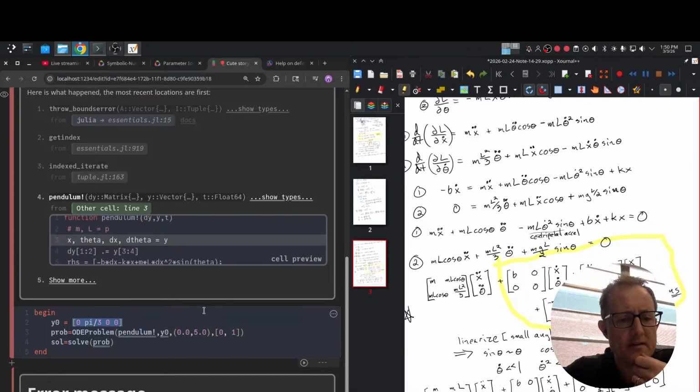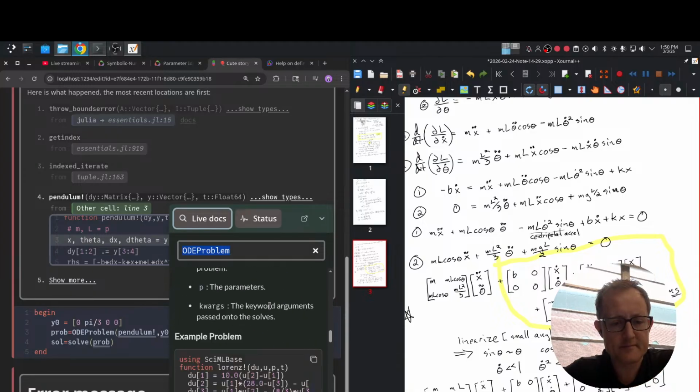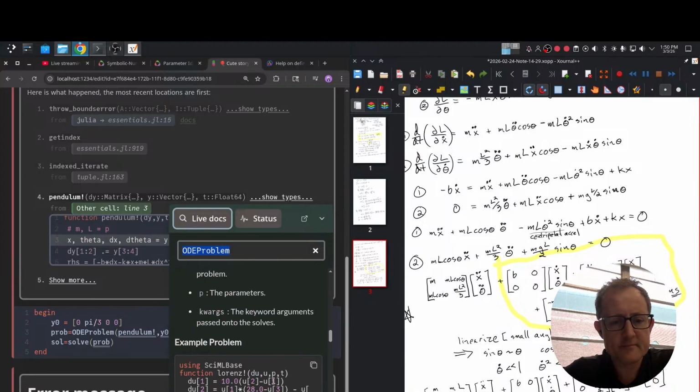Two-element vector. Wait a second. du, u, p, and t.